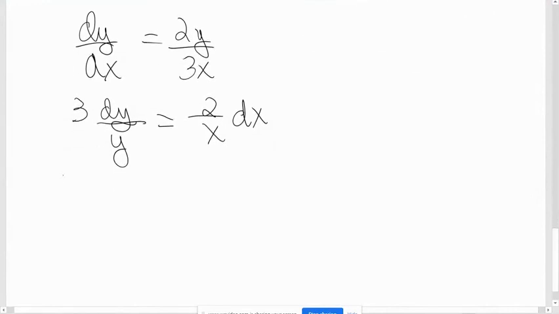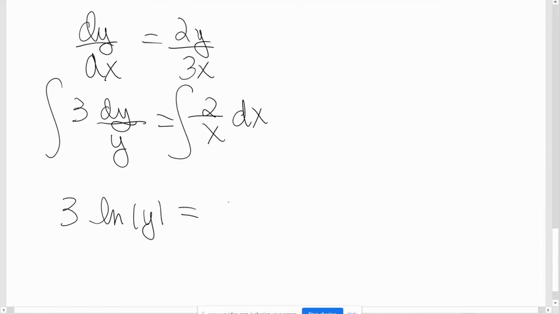Okay, so we're going to take the antiderivative of both sides. The antiderivative here would be 3 times 1 over y, which is not right, that's what we had before. It's 3 times the natural log of the absolute value of y, equals 2 times the natural log of the absolute value of x, plus a constant.